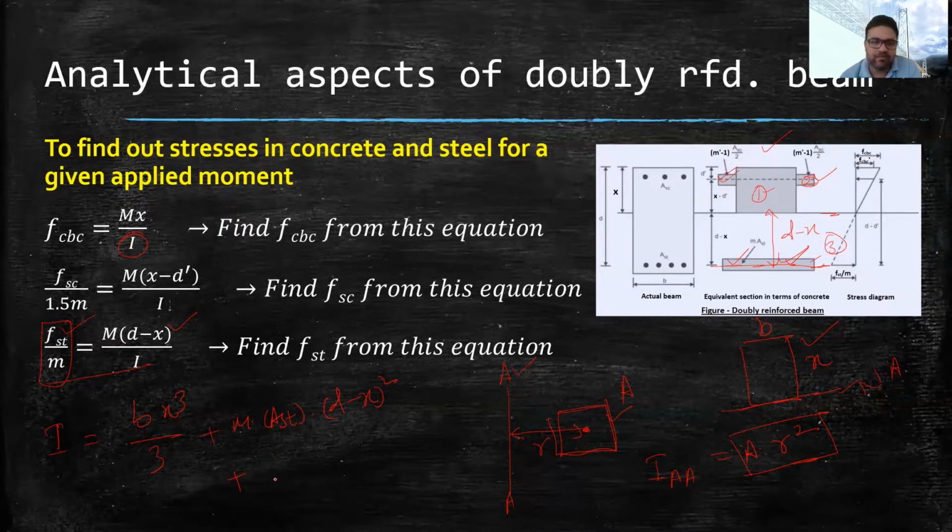So this will be 1.5 m minus 1 into Asc into x minus d dash, squared. So this becomes the formula for the moment of inertia.